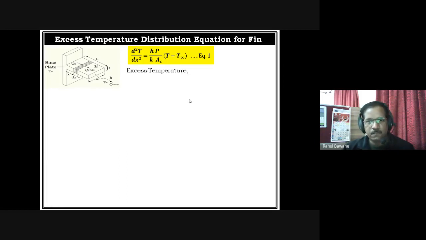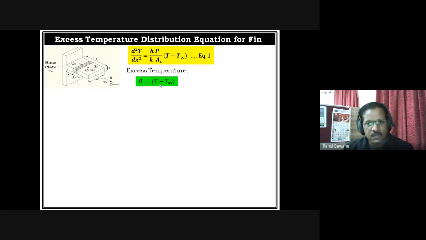Now excess temperature, because we are talking about the excess temperature distribution equation. Excess temperature is denoted by theta, and it is T minus T infinity. T is the temperature of the fin and T infinity is the surrounding. Now imagine a fin and surrounding fluid having the same temperature, definitely there will be zero heat transfer, because heat transfer happens only by virtue of temperature difference.